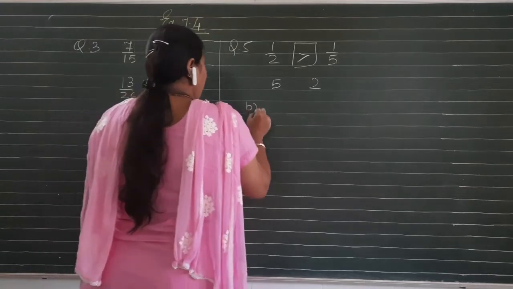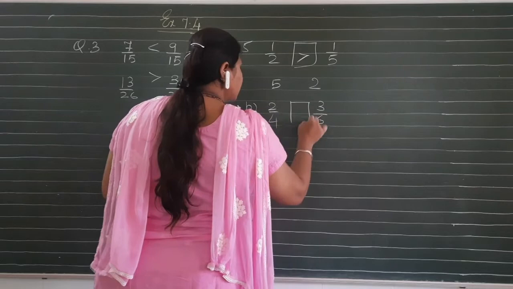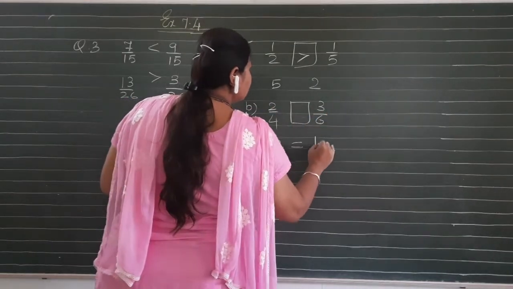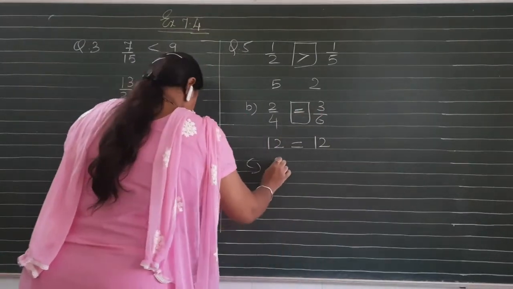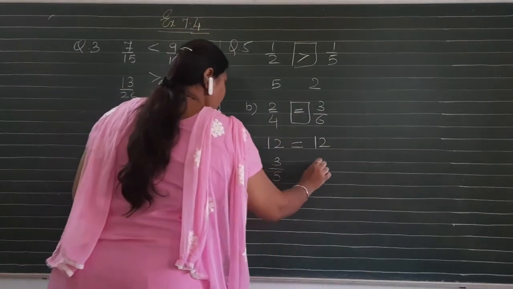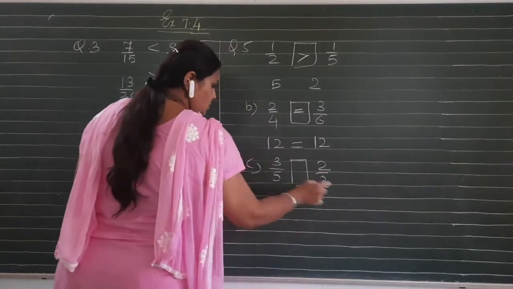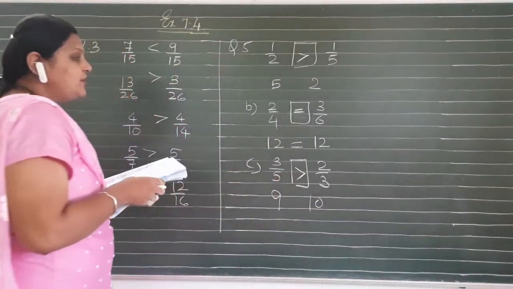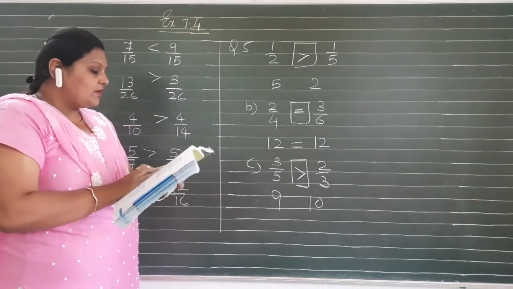Same way, B. Cross multiplication: 3 3s are 9, 5 2s are 10. It's greater. So this is how we have to compare.